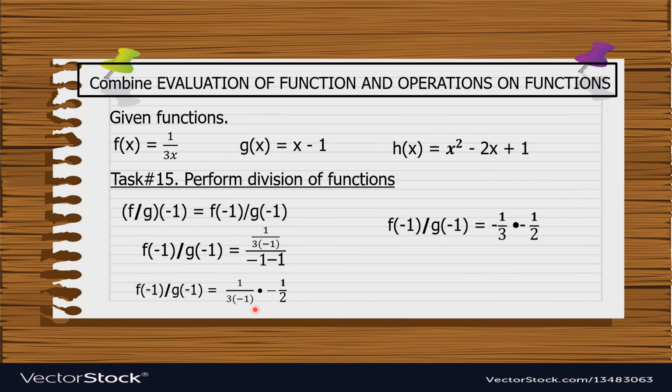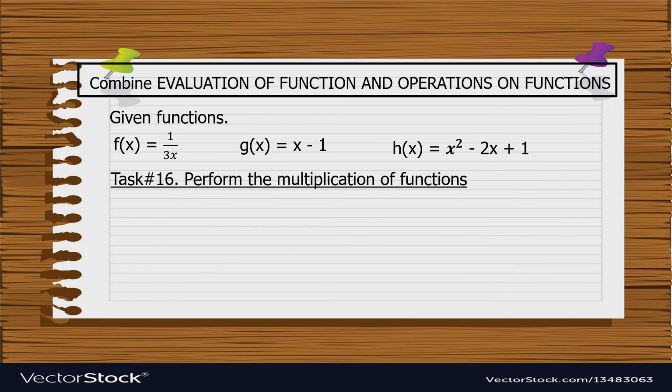Actually, we can answer this this way. So 1 over 3 multiplied by negative 1 is negative 3. So we have negative 1/3 multiplied by negative 1/2. So we have for the final answer, f of negative 1 divided by g of negative 1 is equivalent to positive 1 over 6.